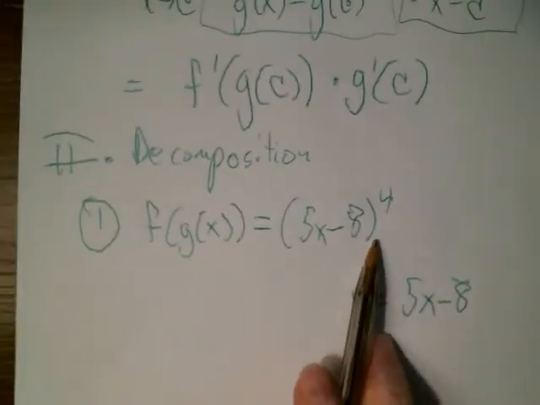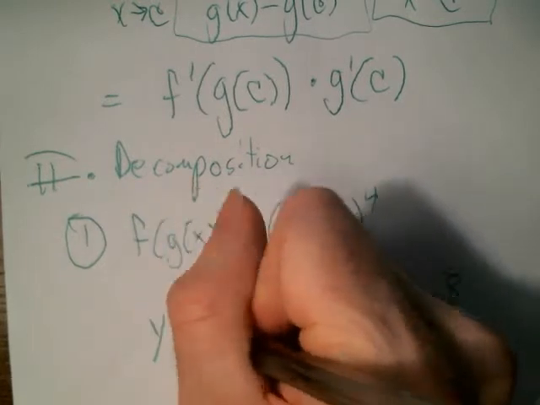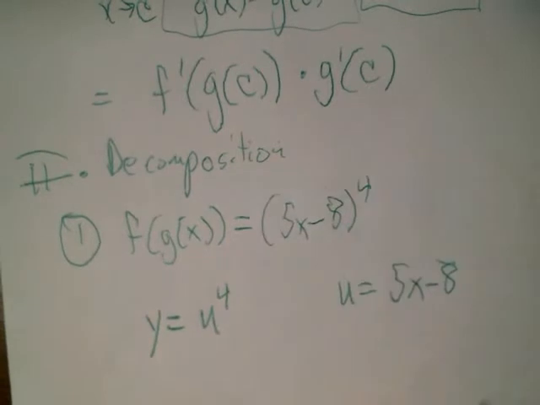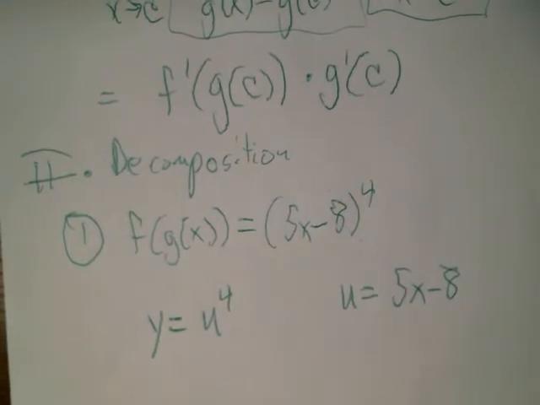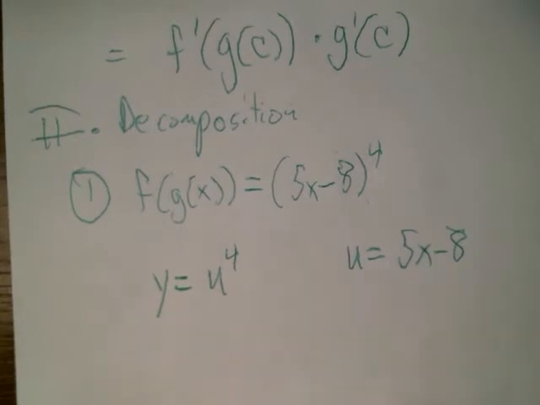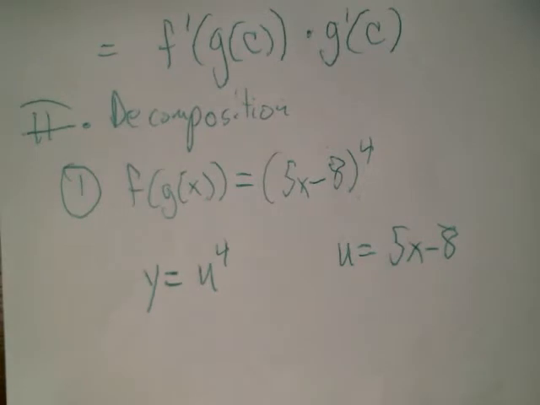And then f of u, let's call that y, is just u to the fourth. So you're decomposing it into pieces. And then ultimately its derivative will just be the derivative of the outer part times the derivative of the guts.